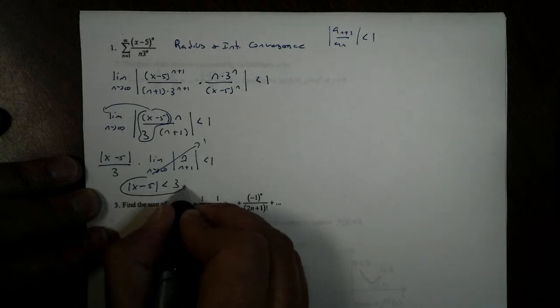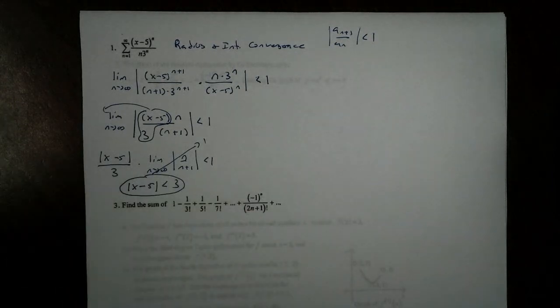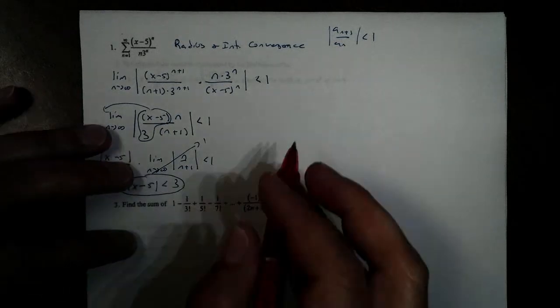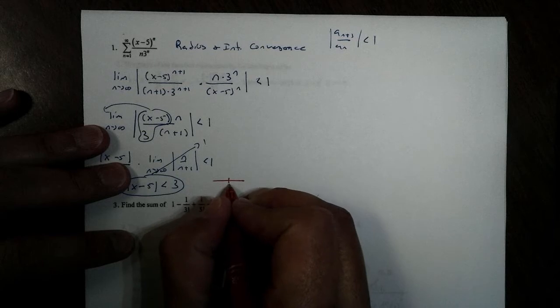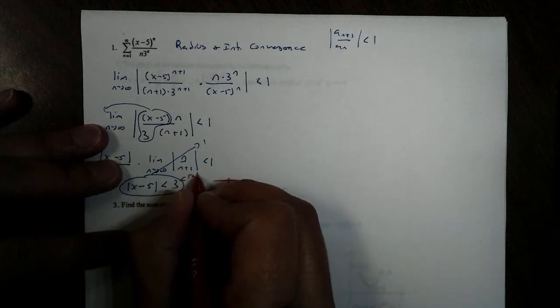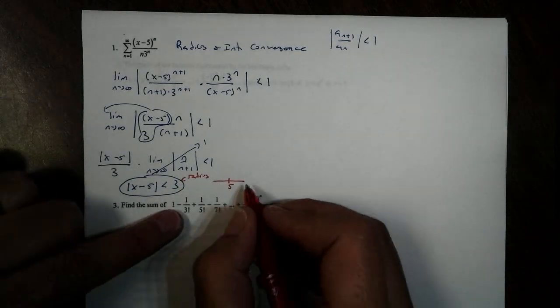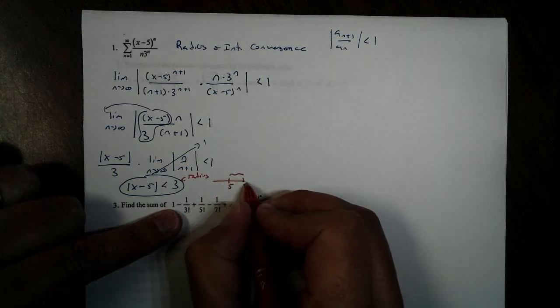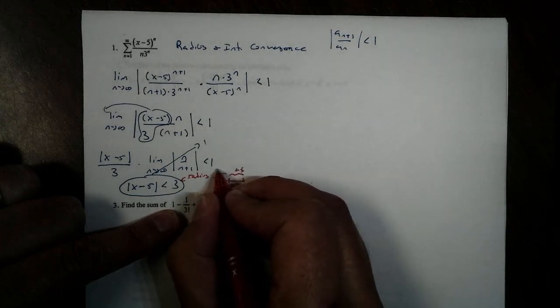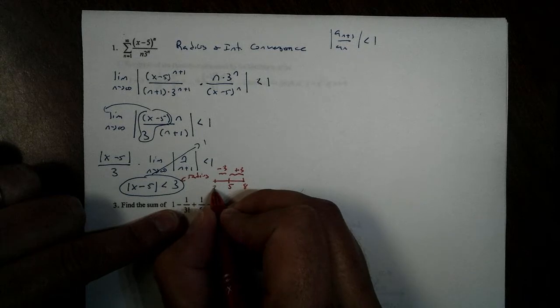So let's remember what this right here is telling us. This is saying that if we had a center at 5, this is my radius. That's my radius of convergence. Anywhere within 3 units of 5 is guaranteed to converge.